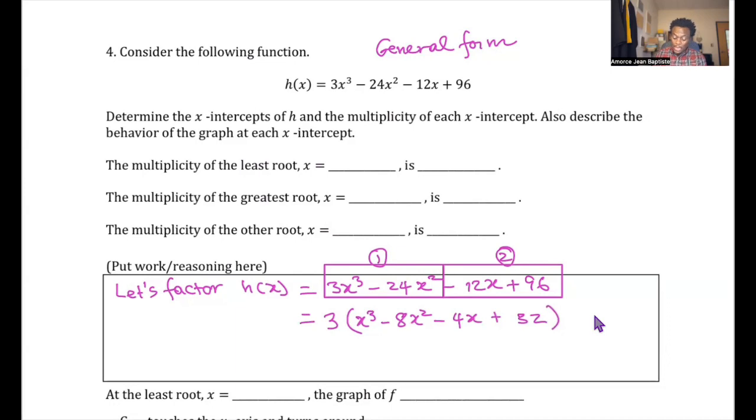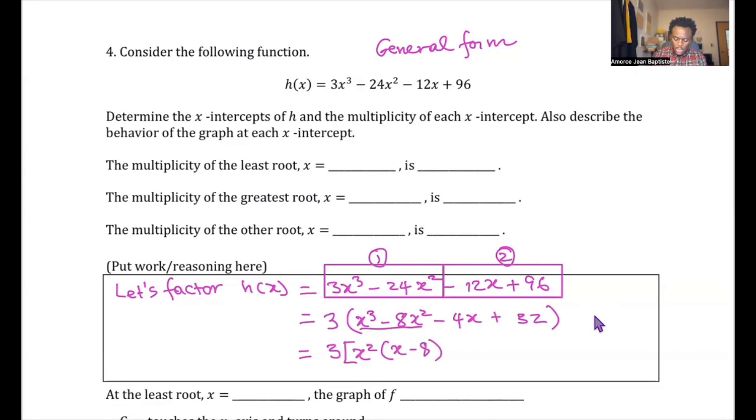And then now I keep my groups the same. And for the first group, the GCF would be x squared. So that is 3 on the outside. And then GCF of this group is x squared, so divide each term by x squared. I'm going to have x minus 8.